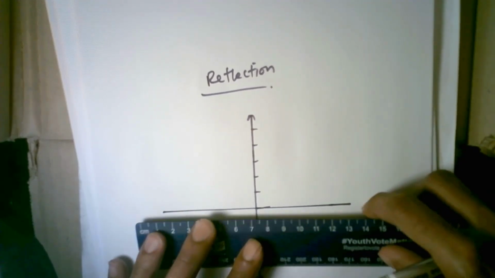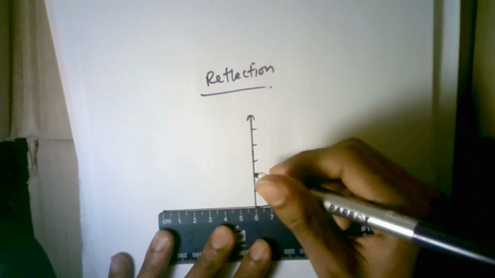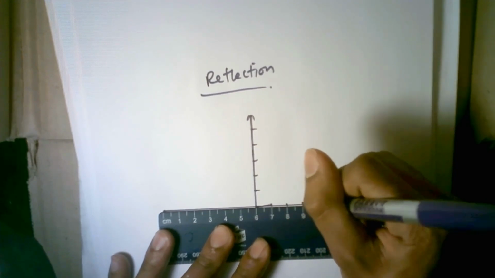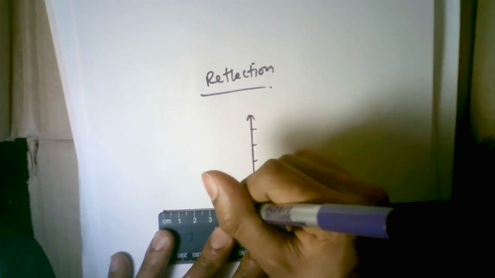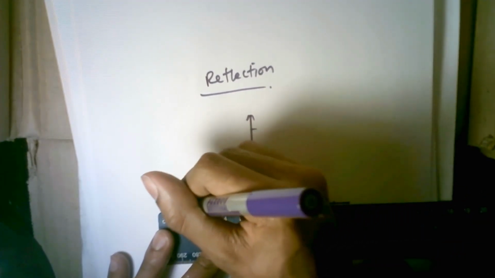And let me just mark points. This is 1, 2, 3, 4, 5, 1, negative 1, negative 2, negative 4.